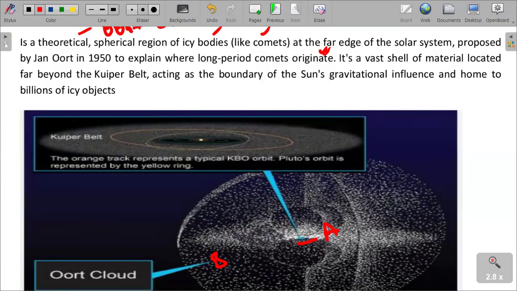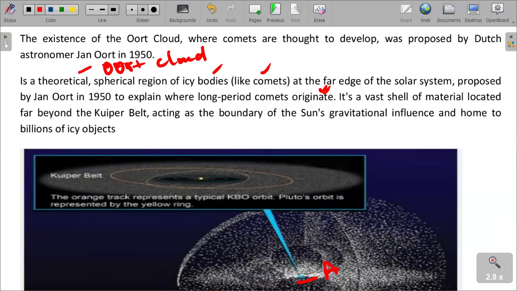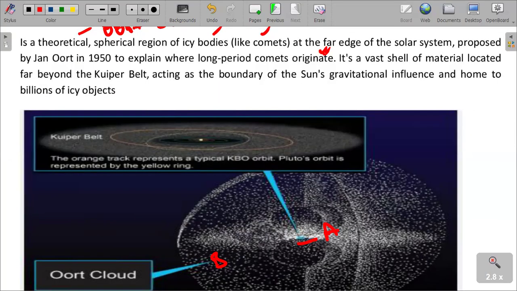According to Jan Oort, who identified it in 1950, we are supposed to understand that the Oort cloud is very far beyond the Kuiper belt, acting as the boundary of the sun's gravitational influence and the home of billions of ice objects.